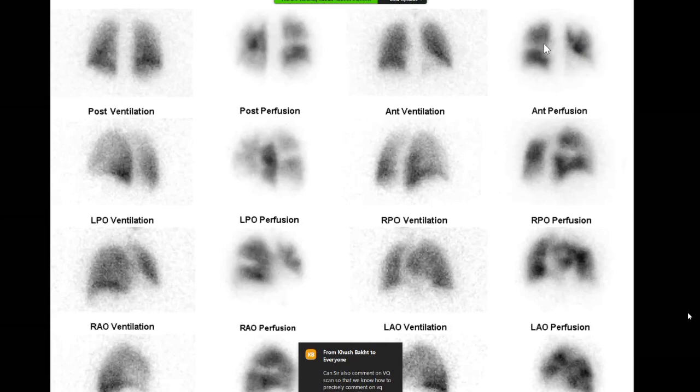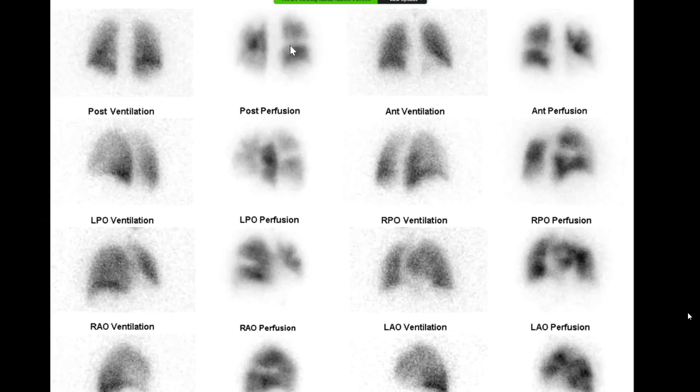You were probably mentioning this larger defect, which is in the right lung. So you have this larger defect here, but you also have a defect here. You also have a defect in the left upper lung. And when you compare, there are multiple defects. So this is pulmonary embolism, and this is a high probability by the bookish criteria.